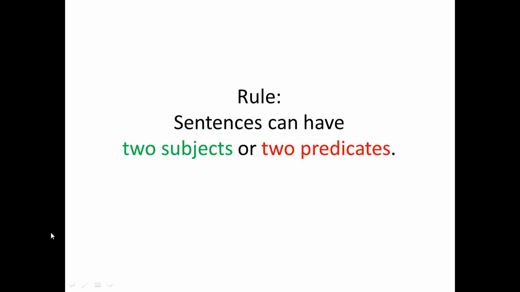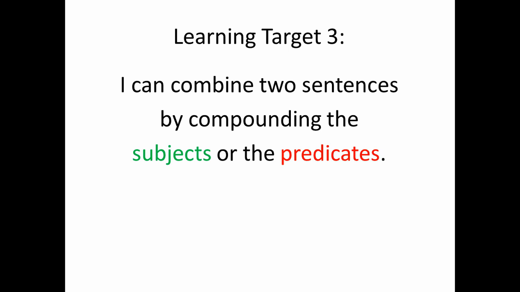This lesson is focused on the rule that sentences can have two subjects or two predicates. That means a sentence could have two main nouns and it could also have two main verbs. Here's your learning target. I can combine two sentences by compounding the subjects or predicates.